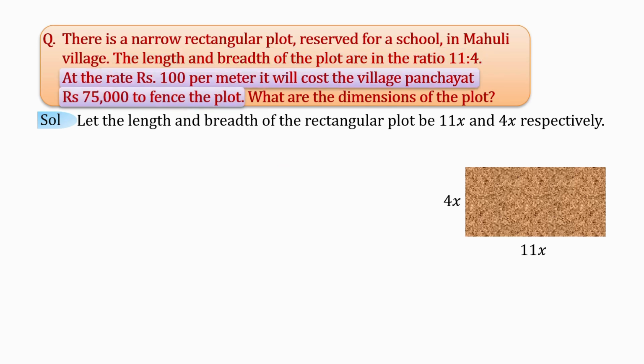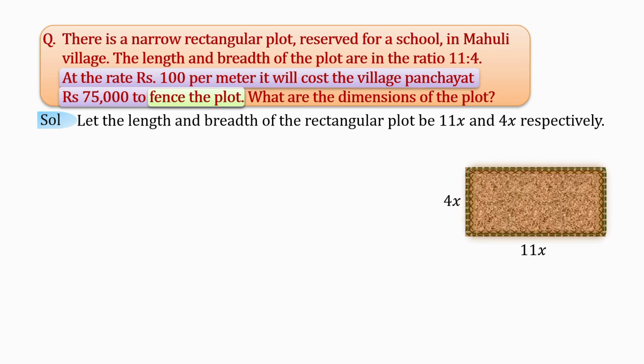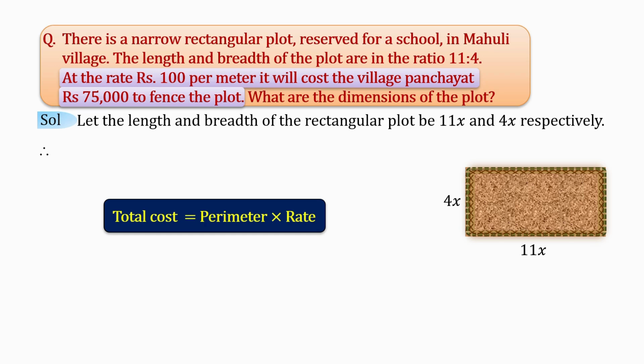Now, what is the other information given? At the rate of rupees 100 per meter, it will cost the village panchayat rupees 75,000 to fence the plot. Fencing the plot means the perimeter of the plot, right? The total cost is given, and the rate is given, but the perimeter we don't know.